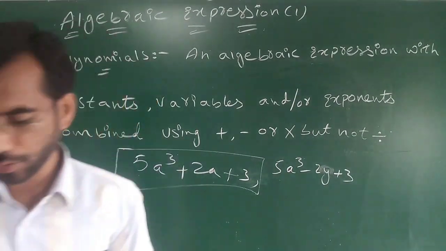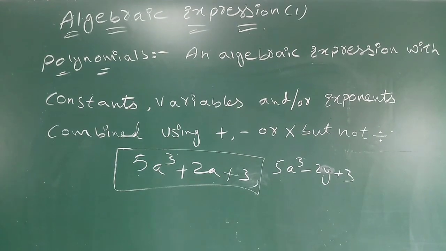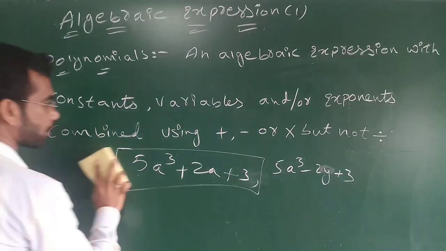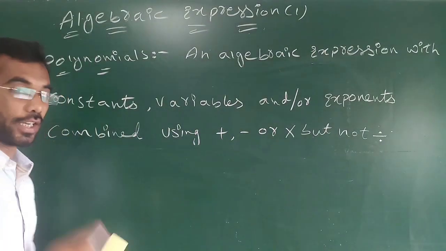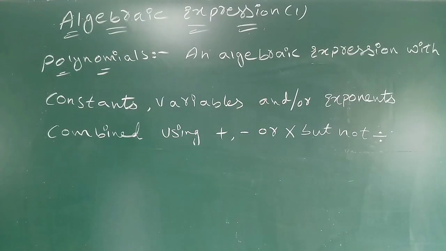In some cases, the given expression will not become a polynomial. We will see those cases. Under which cases will the given expression not become a polynomial? It totally depends upon the variable.